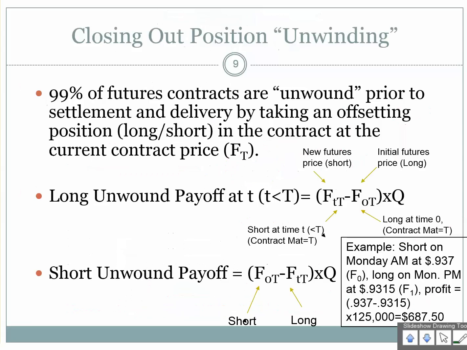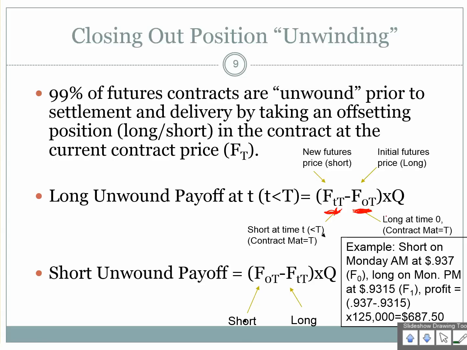So if you go long in a position at F0T, so say that's today, you're contractually obligated to pay the futures price. If tomorrow you then take a short position to get out of your position, say tomorrow is date little t for still December delivery, you can get out of the position and your profit would be this difference times the quantity.